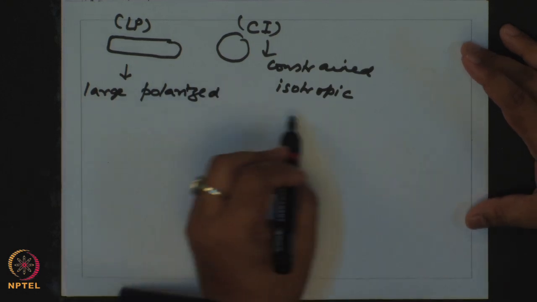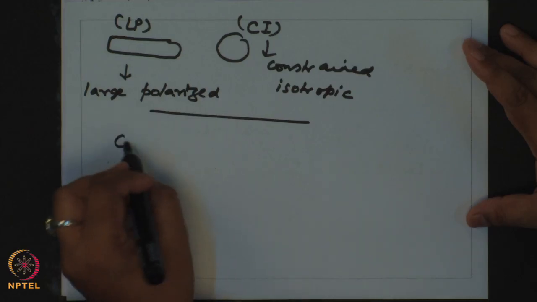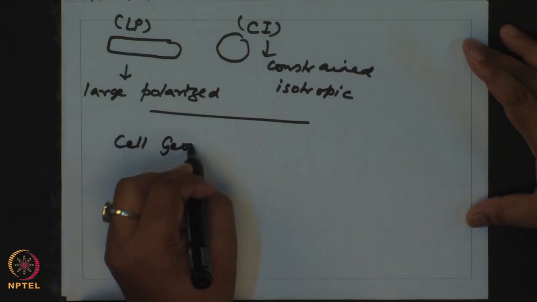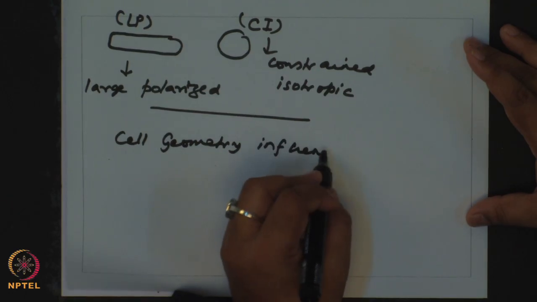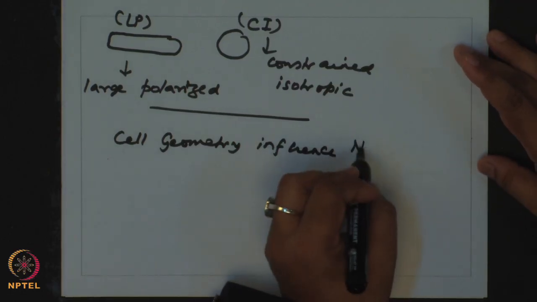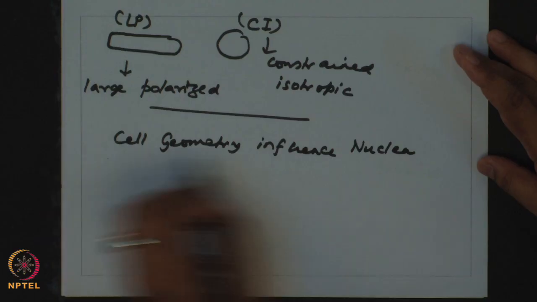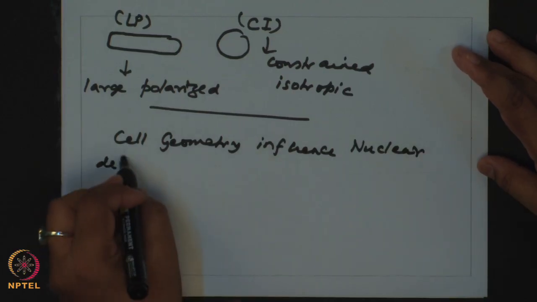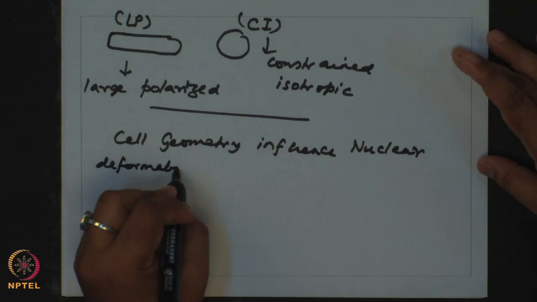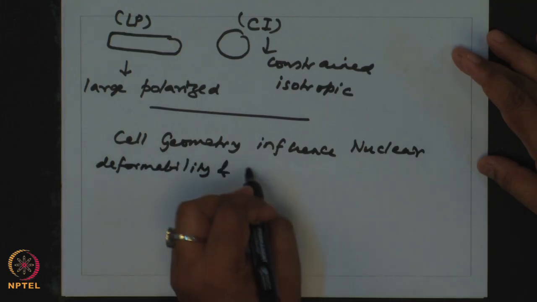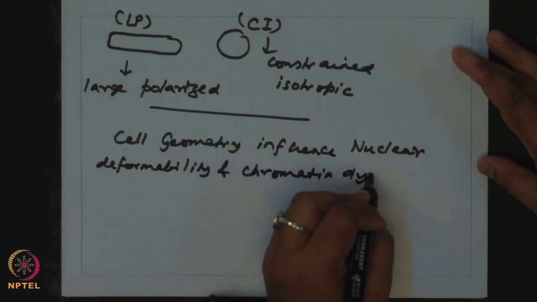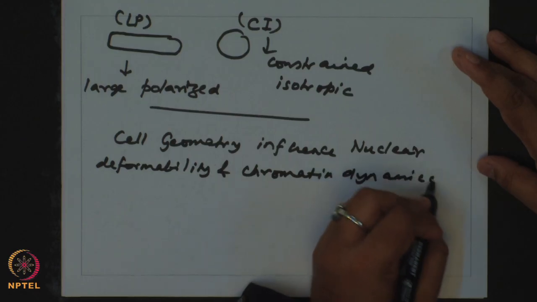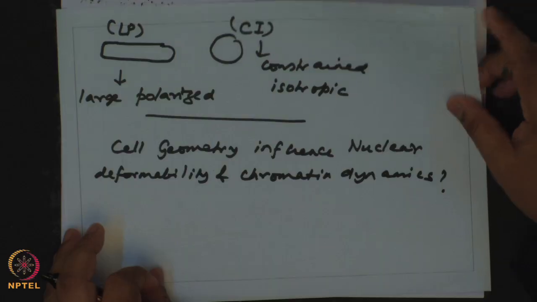Through this they wanted to ask how cell geometry influences nuclear deformability and chromatin dynamics. Okay, so, this was the question.